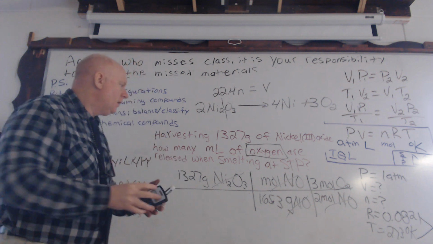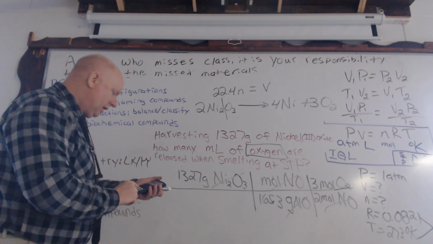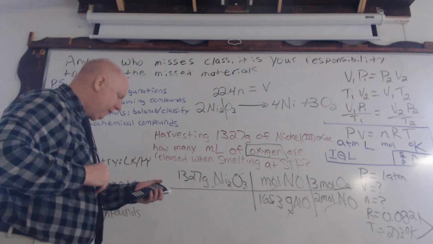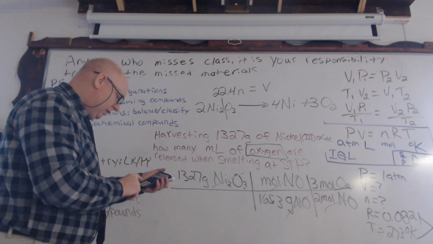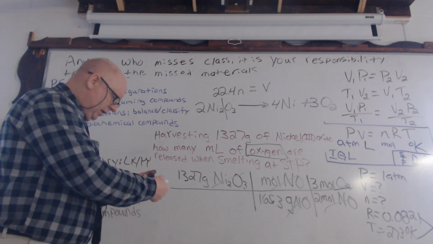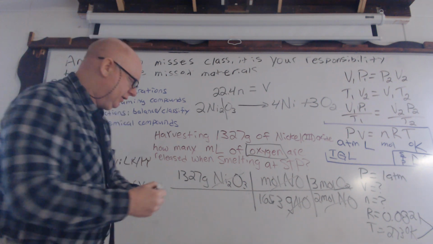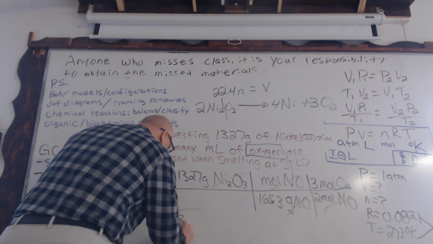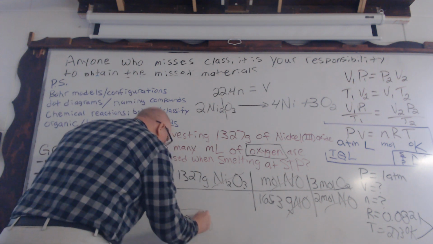Okay, so 1327. Well, first of all, I'm going to take 165.3. Take that times 2 and get 330.60. Okay?